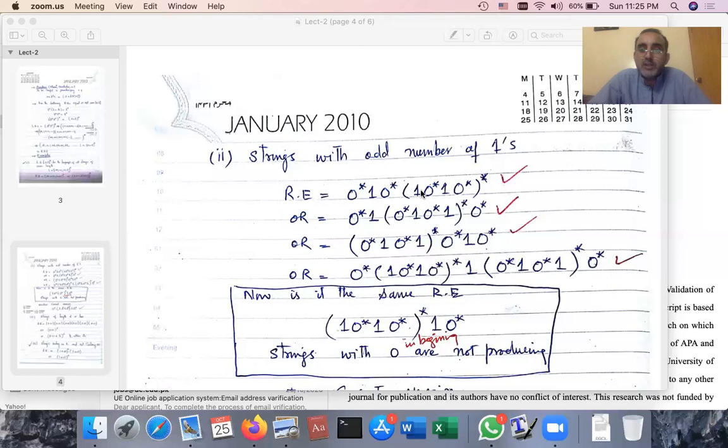There is no star over these ones, which means these ones are produced compulsorily. And if it is compulsory, then I am getting two ones here, and one single one is coming from here. So 2 plus 1 is 3. Again, the number of ones is odd.